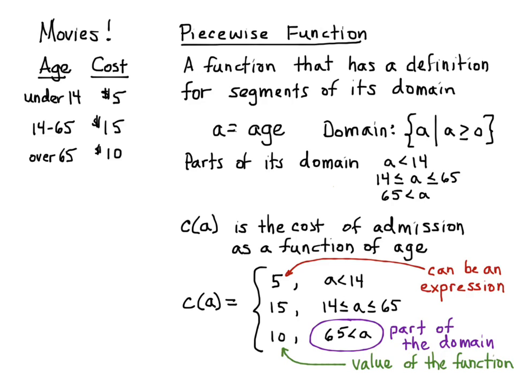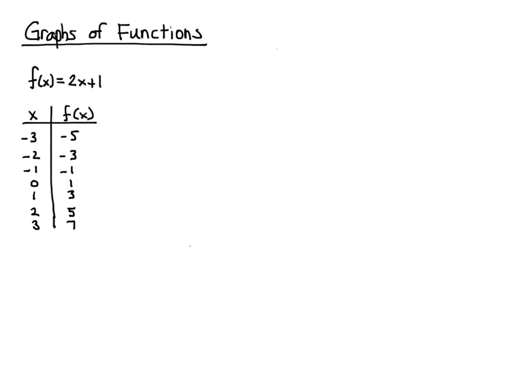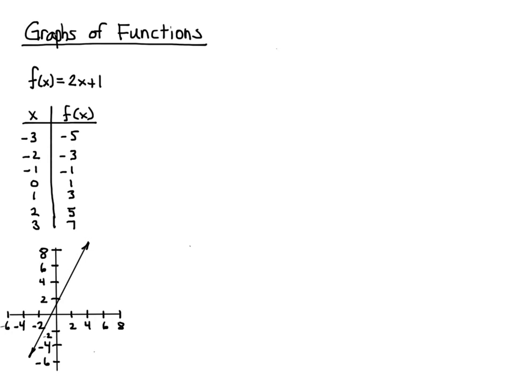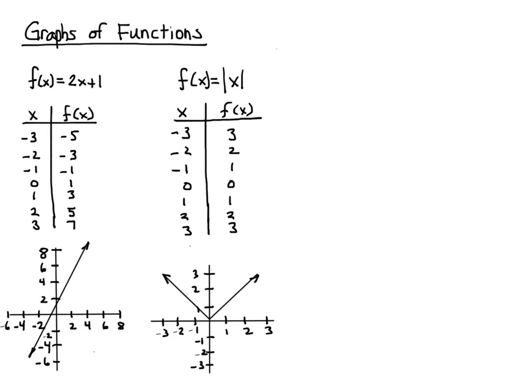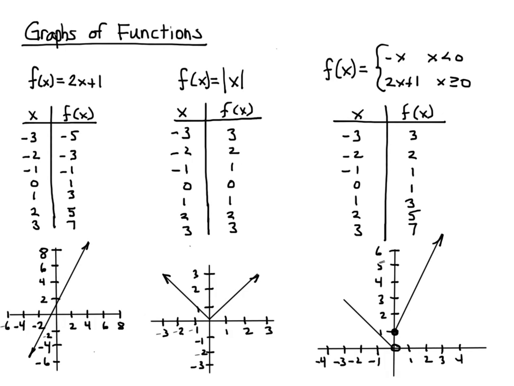Okay, so that's chapter 3, section 6. What I want to do now, so let's say we have this 2x plus 1. I can make individual points, and I can just plot them. Here I plotted it on this graph. If I have the absolute value of x, I can do the same thing. I can make points, and then sketch out my points and connect the dots, or a piecewise function. Basically what I did was I calculated the points, and then I plotted them.